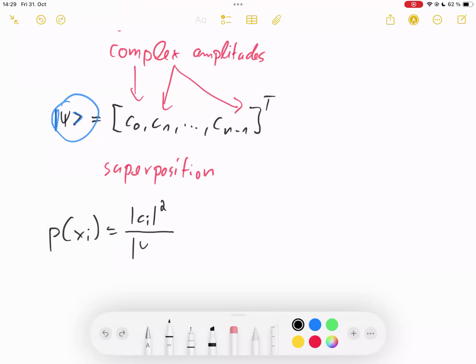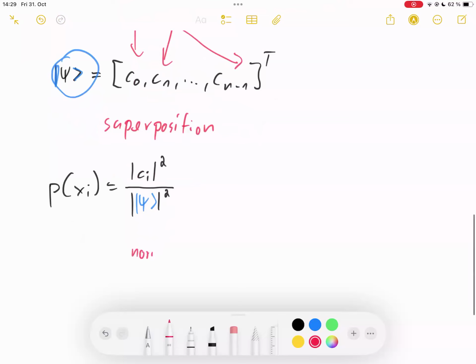But because this looks confusing, I use different colors to show you this. So we have our psi ket, which is our vector, and we take its norm and square it. The norm is this one here, and the norm is in our case just the length of the vector. Technically norm and length can be two different things, but here, because we take the 2-norm and square it, this just means the length.